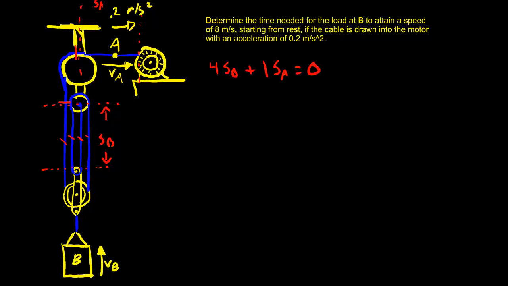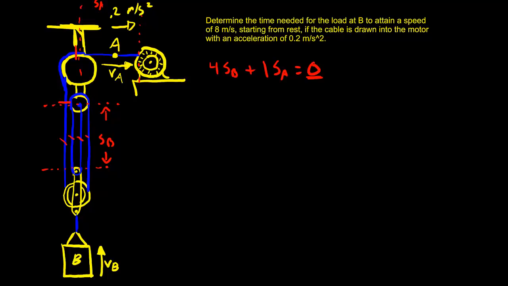Whenever you have a pulley problem like this and you're trying to describe the length of the cables, you can always just set them to 0, because what that'll do is allow you to say it's some fixed length: these plus those is going to equal the total length of the cable. This over here is unitless for the time being.